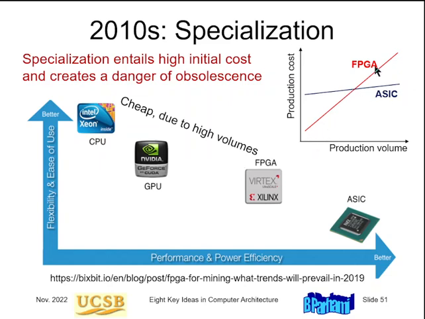If you use FPGAs, the initial cost is low, but then if the volume increases, you have to pay more. So ASICs make sense for high volume production. You don't build an ASIC if you are just building a single system. Doesn't make sense.